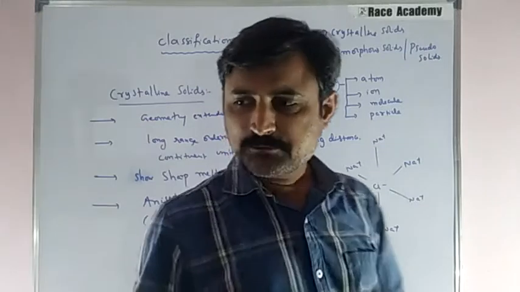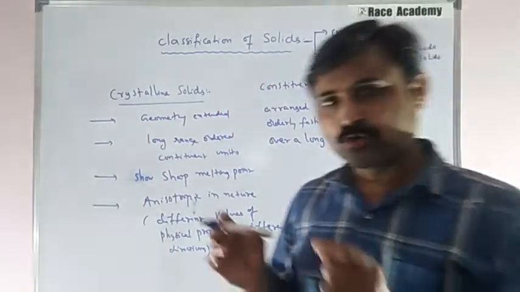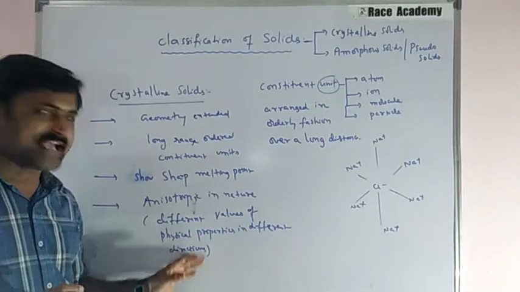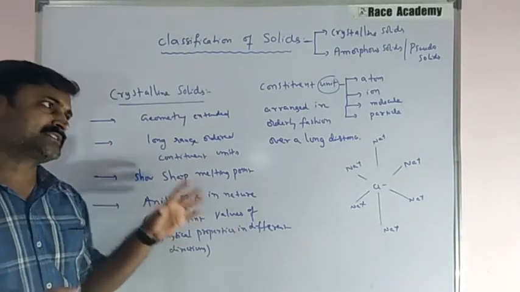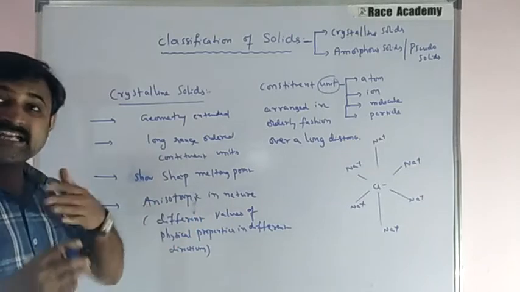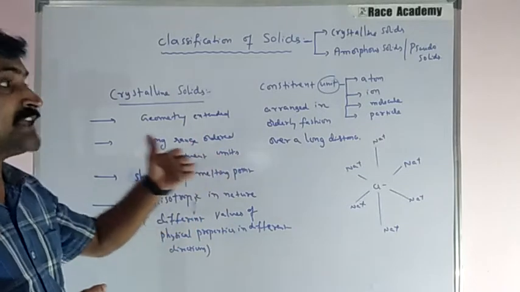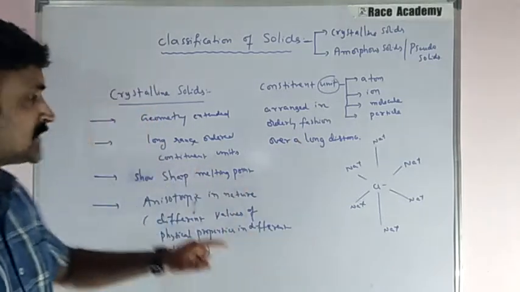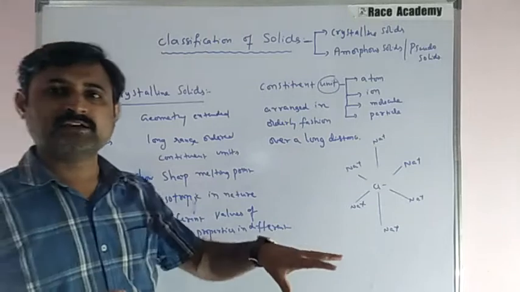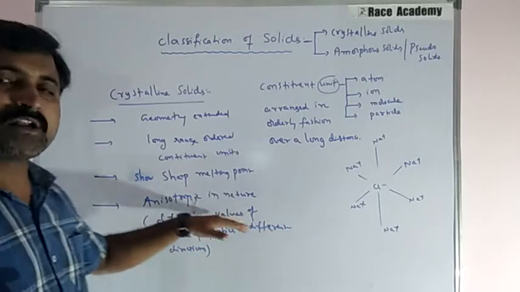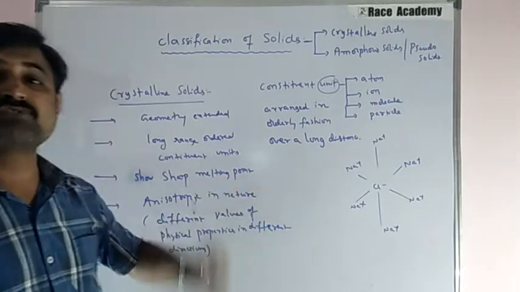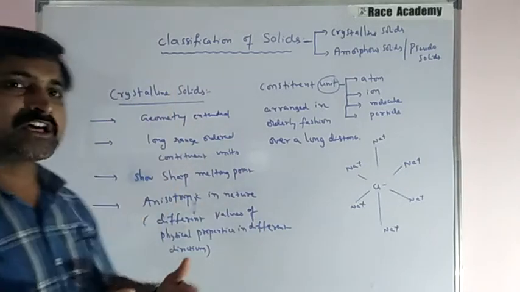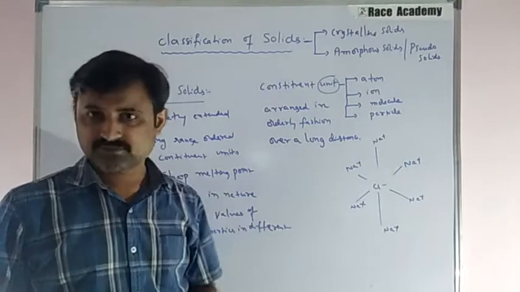So this is the most important technical word we have to prepare carefully, because anisotropic and isotropic natures are the study of the physical properties in different directions of the solids. In different directions of a crystalline solid, physical properties like refractive index values and electrical conductivity values are noticed as different values.